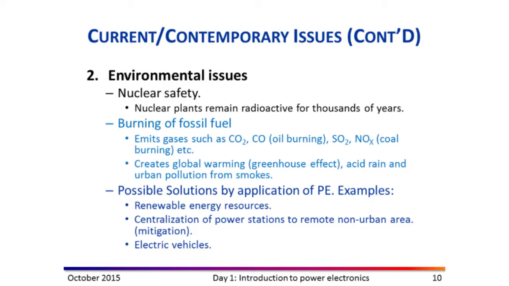The possible solution, especially for us, is renewable energy resources, and also decentralization of power stations to remote non-urban areas to mitigate the impact. So that means we can allocate different power sources or renewable energy sources in different places in order to utilize the energy.